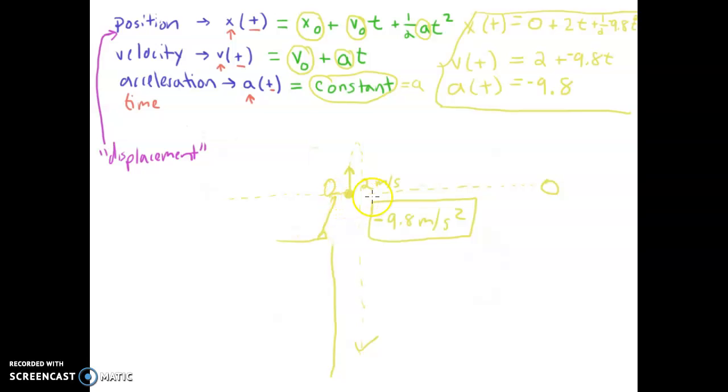They would have had to tell us the initial position, and in this case they defined their shoulder height as 0, which is okay to do, and they measured how fast they threw the ball. They threw it 2 meters per second upwards. And just knowing these three things, they can now determine where the ball is at any given time ever.